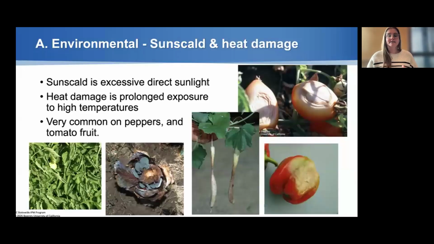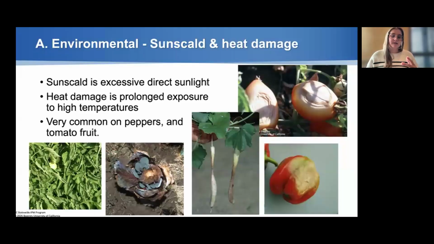It may also appear as burning on leaves, depending on your crop type. Heat damage, on the other hand, is the prolonged exposure to high temperatures, and is often related to irrigation and water supply, as well as the actual high temperature itself. And this can affect the whole plant, and more than just the most exposed leaves and fruit. It can cause symptoms such as tip burn, fruit shrivel, leaf roll, and wilting.